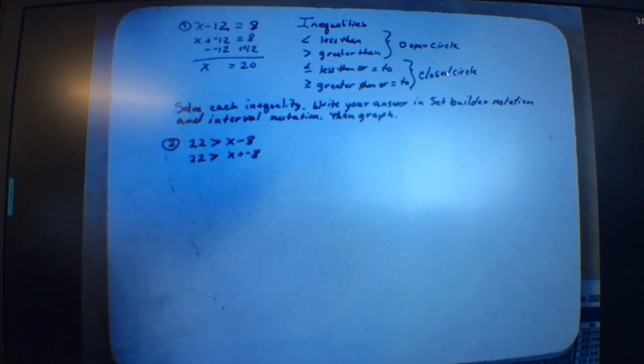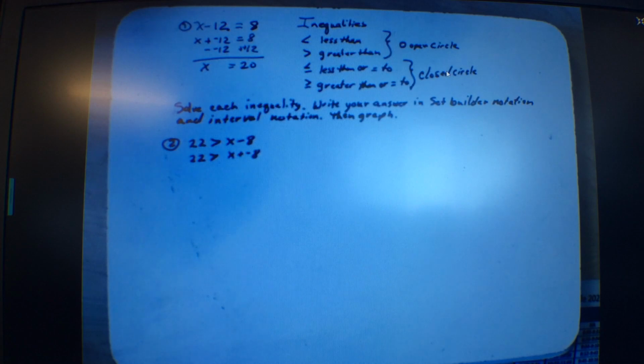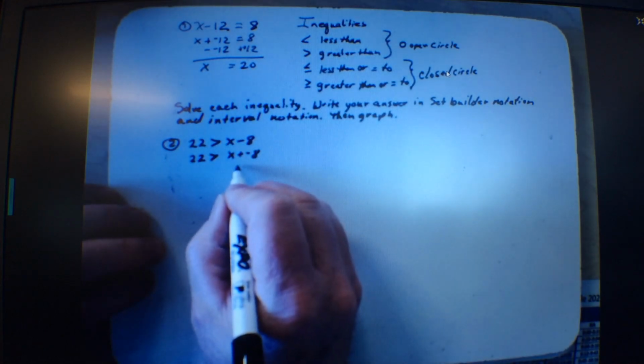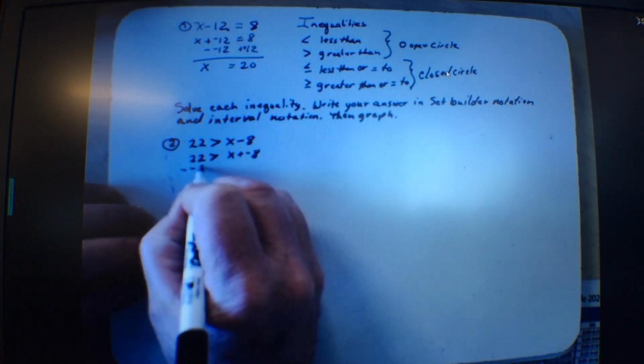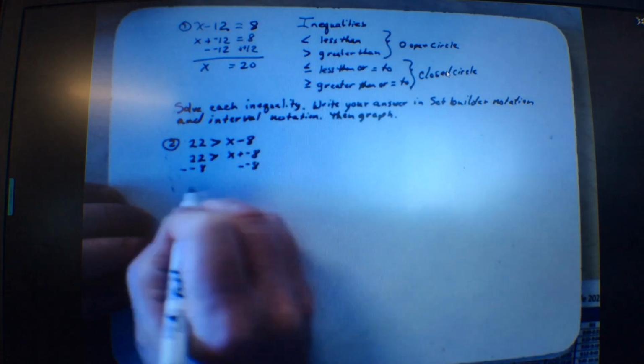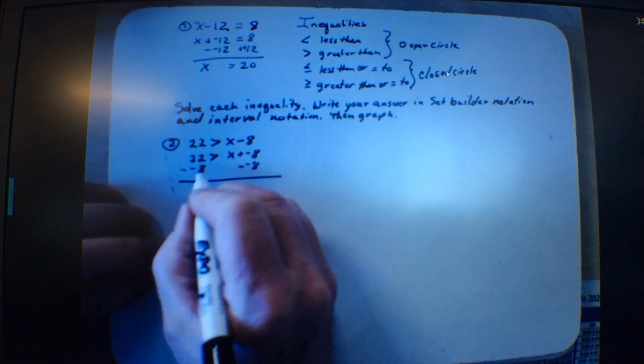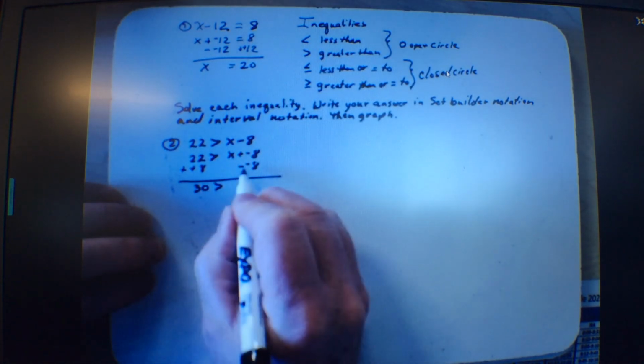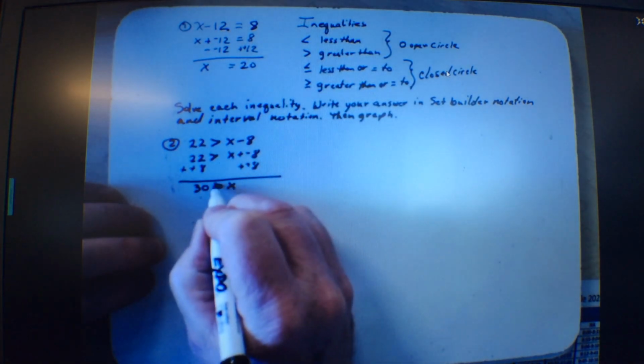So I go x plus a negative 8. Okay? And then I ask myself what operation is being applied to the variable. It is addition. What operation do I use to undo it? It's subtraction, or it's addition. So I subtract a negative 8 from both sides. And I get plus a positive 30, and this is greater than, and this is x, okay?